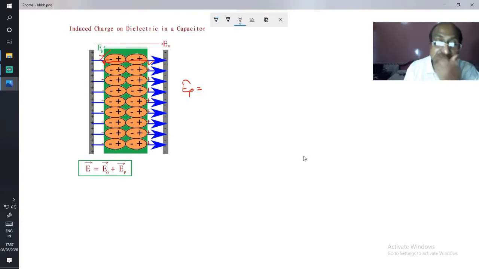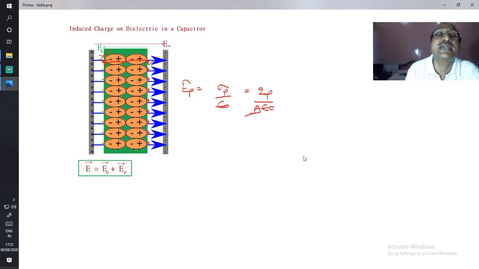Therefore, EP is given by sigma due to polarization charge upon epsilon naught, that is QP upon A epsilon naught. A is the area of the plates P1 and P2. QP is the polarization charge.